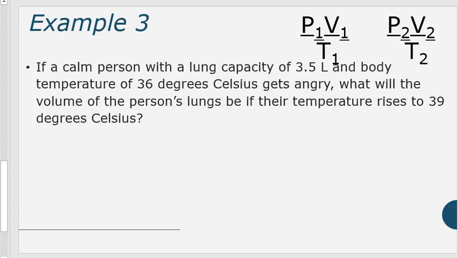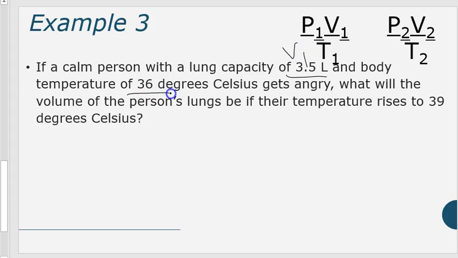Okay, question number 3. If a calm person with a lung capacity of 3.5 liters and a body temperature of 36 degrees Celsius gets angry, what will the volume of the person's lungs be if their temperature rises to 39 degrees Celsius? Okay, so they give us a volume. So let's put V1.